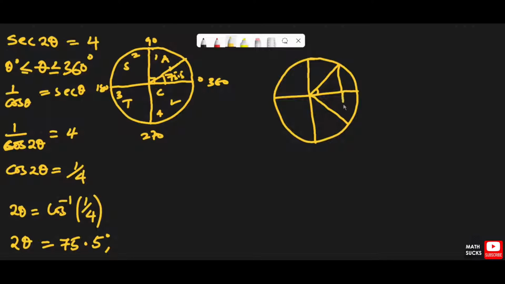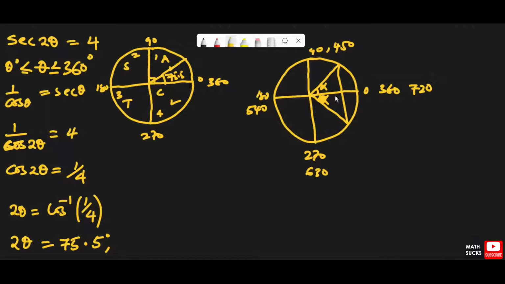I can call it alpha, but we know that alpha is the double angle. So this is 0, 90, 180, 270, 360. If we rotate more, this is 450, 540, 630, 720, and so on.